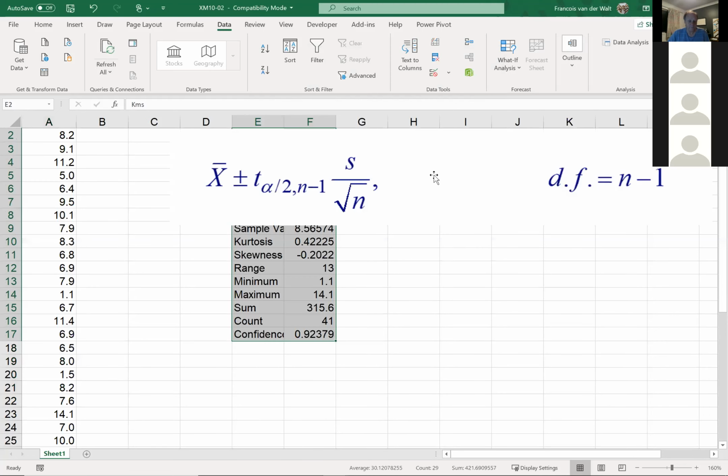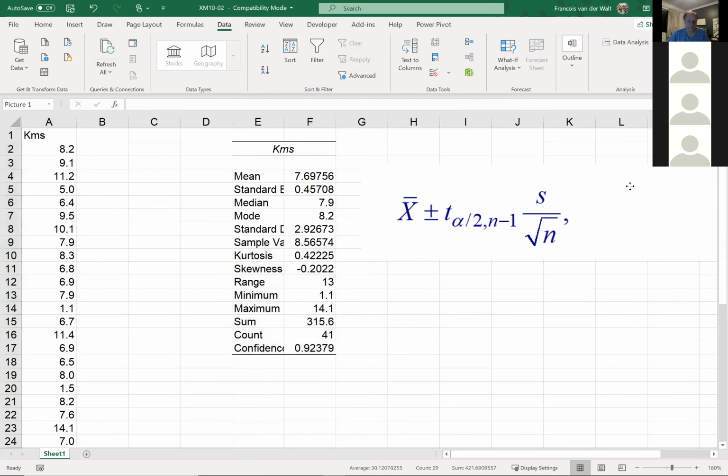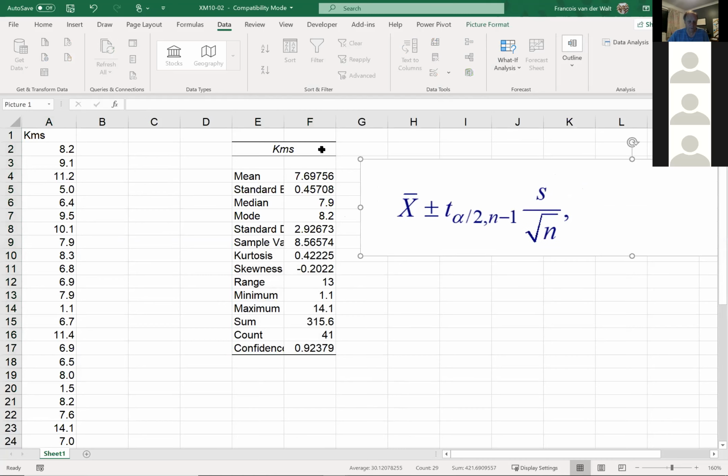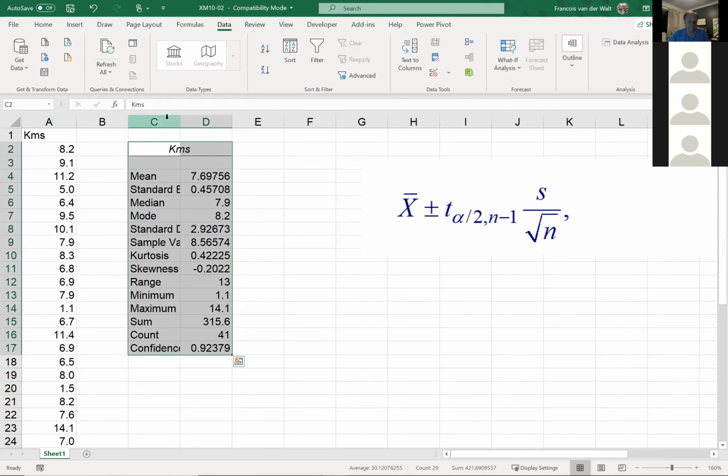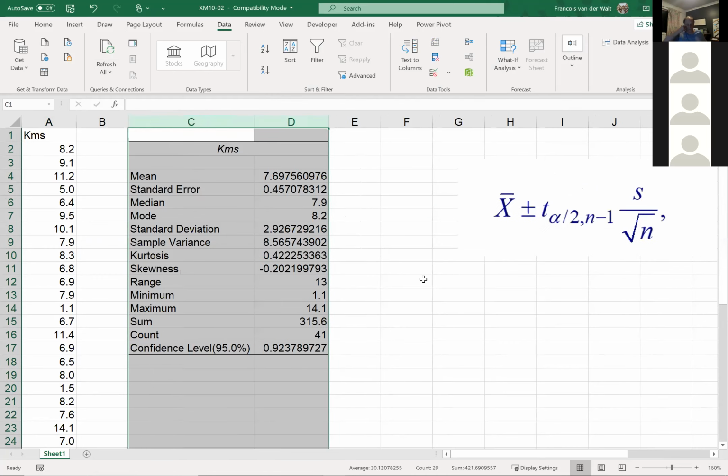If you put a gun against my head and you say to me, what is your best estimation? Is that the mean plus the confidence level? Forget that, all I want is a point estimate. So if I just want one answer from you, it's 7.69.